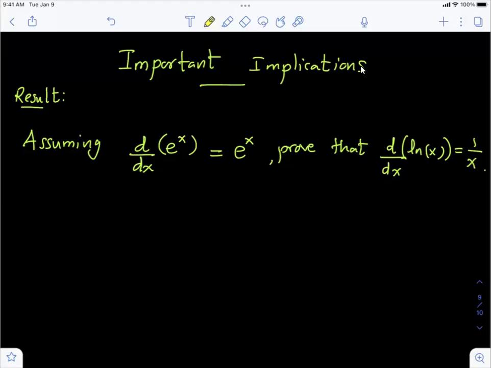All right. So first of all, let me recall this fact: y equals ln x. What do you mean by this relation? The meaning of this relation is none other than the inversion, or the fact that e^x is the inverse of ln of x.